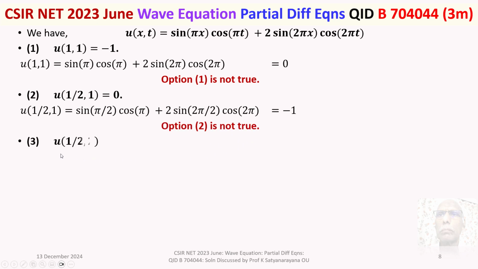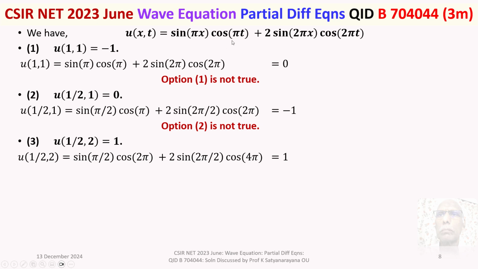Go to option 3. u at (1/2, 2) is equal to 1. Substitute in the solution x is equal to 1 by 2 and t is equal to 2. So you get sin pi by 2 into cos 2 pi plus 2 sin 2 pi by 2 into cos 4 pi.